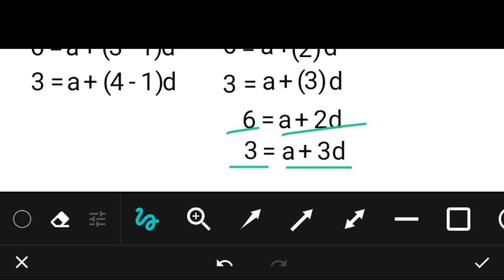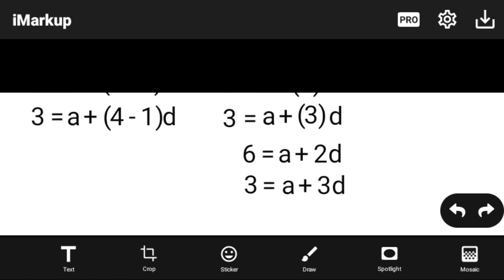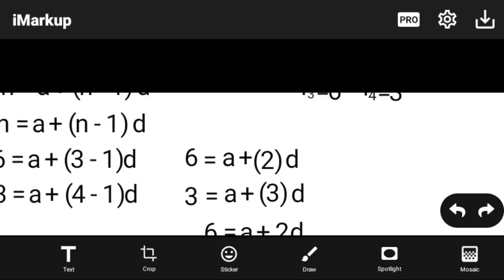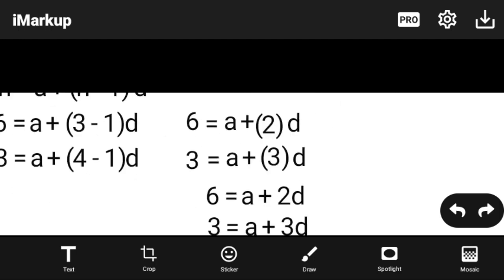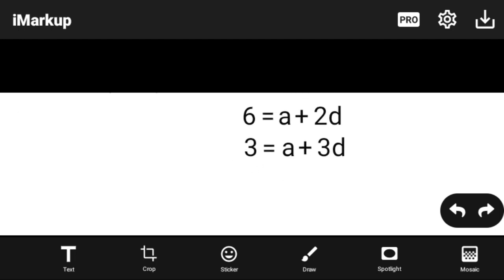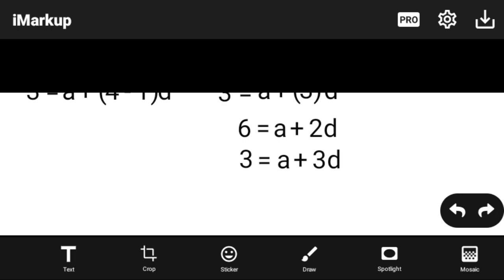So let's move again. So we are saying, from there, I'll move that part to the left side.